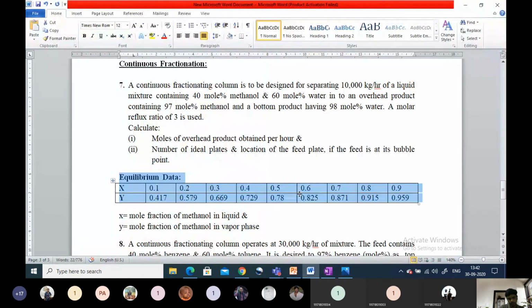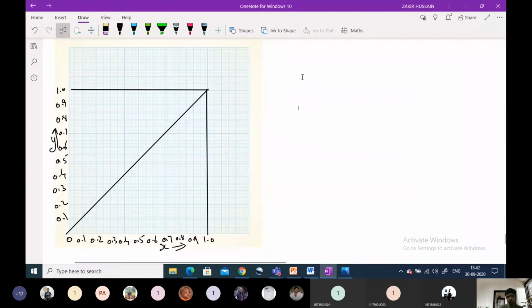So how can we draw the x versus y data? The first data point is x equal to 0.1 and y equal to 0.417. The second data point is 0.2 and 0.579.